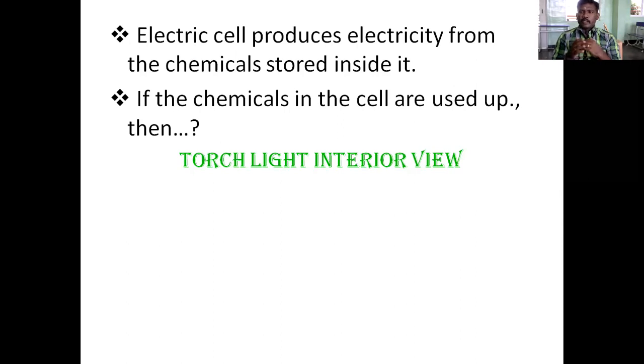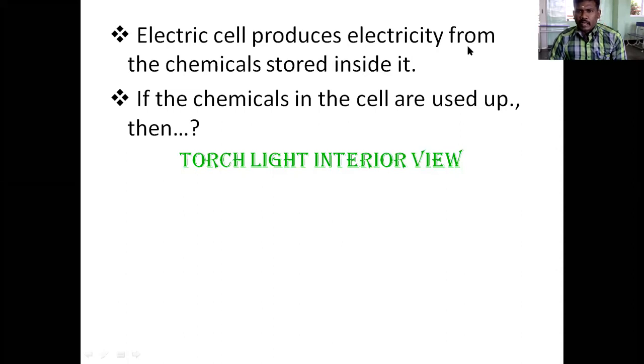If you continuously use it, the chemical energy value reduces because it is converted into electrical energy. So after a particular time, the chemical energy is exhausted, and there is no chemical energy to produce electricity. So we can replace the cell, or we can use one more additional cell.